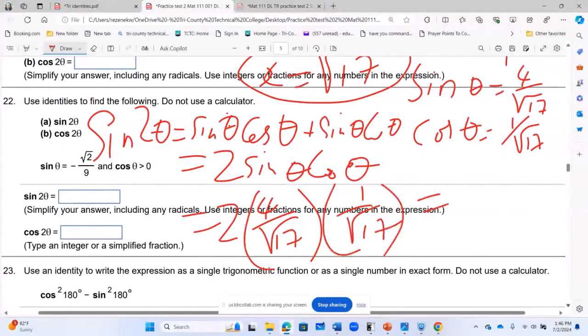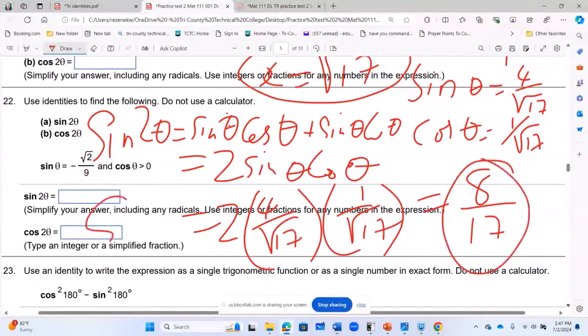Okay, so let me open the parentheses. 2 times 4 is 8. Root 17 times root 17 is 17. Therefore, sine 2 theta is 8 over 17. The same thing with cosine of 2 theta. All right. Any question?